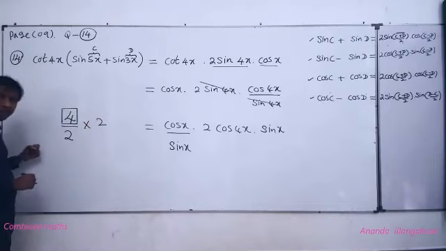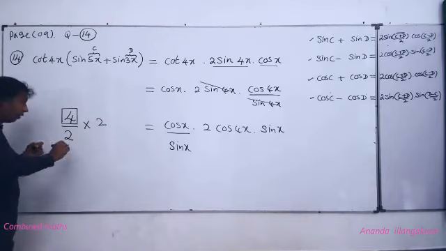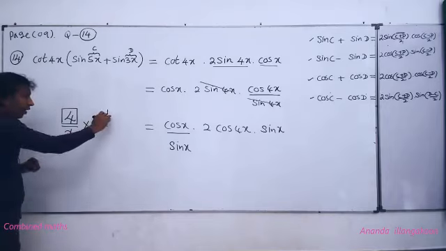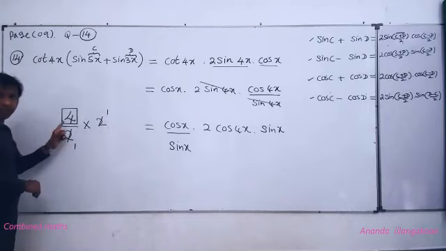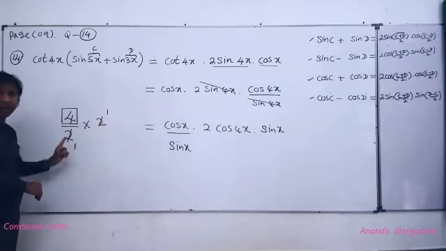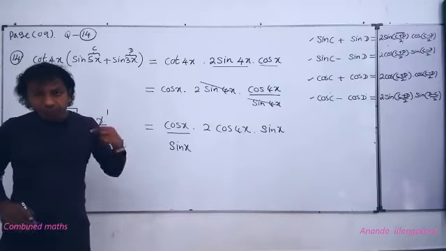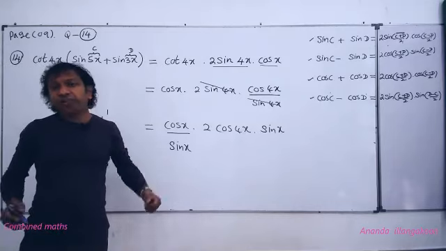Or else you can think like this. This 2 and this 2 we can cancel now. Then here we have 1. Then really this 4 is multiplied by 1 and meantime divided by 1. When any number is multiplied by 1 or divided by 1, the number won't change.